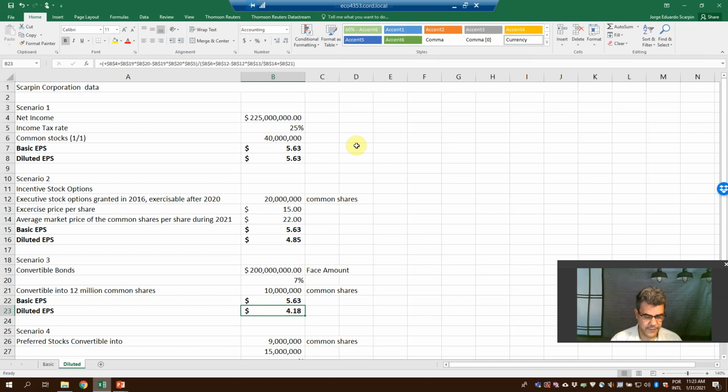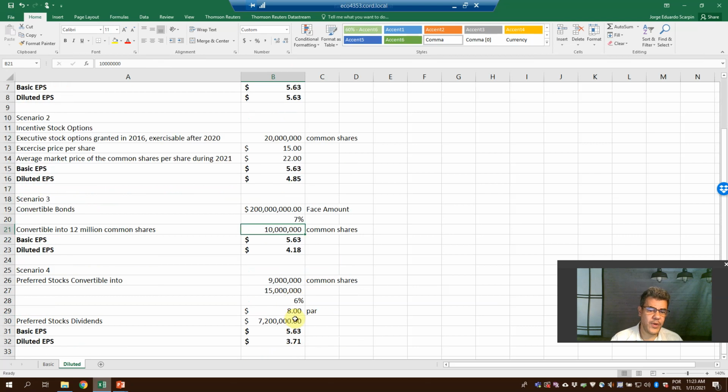So now we have 418. That is our number, 418. We need to add the interest expense. We will not expense it anymore because we are considering it in the number of shares, and we are subtracting here our income tax.